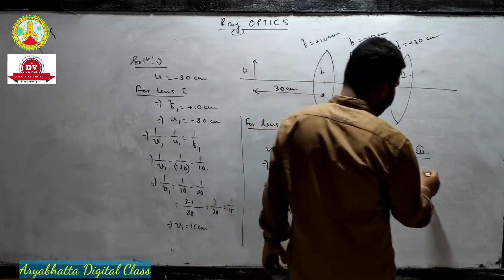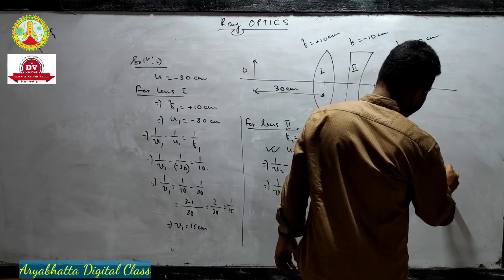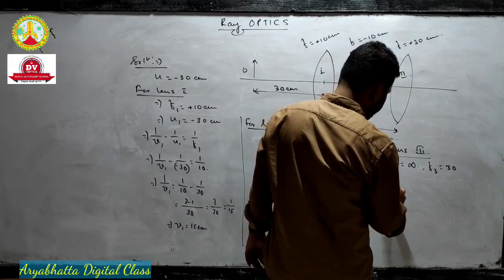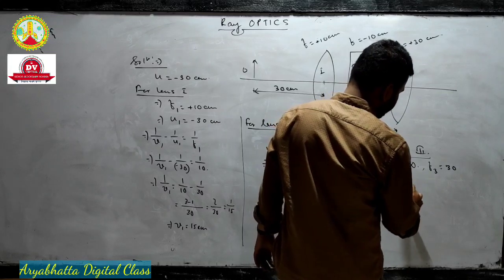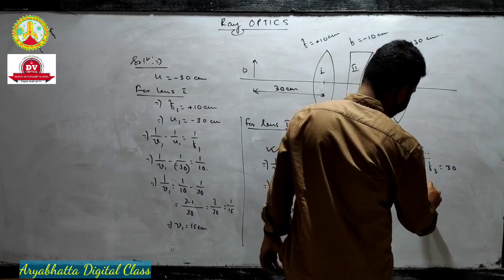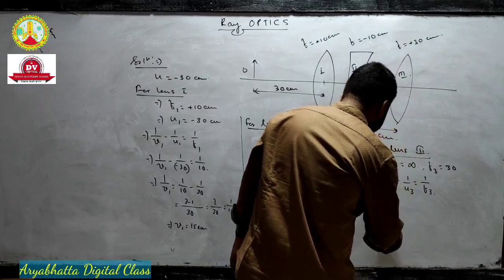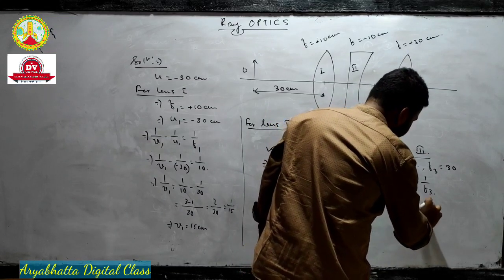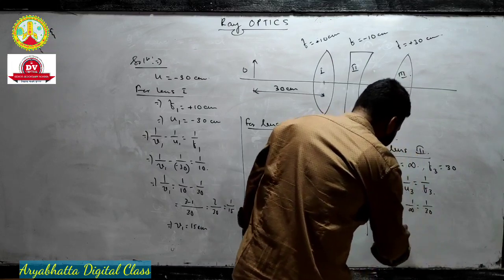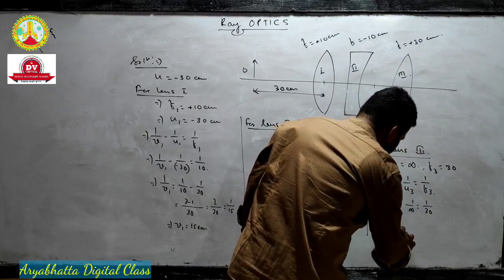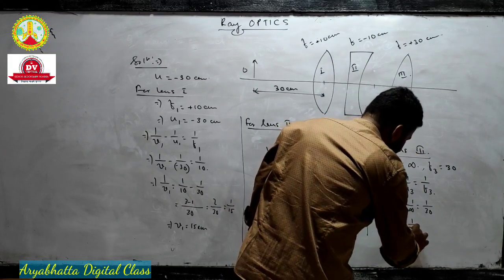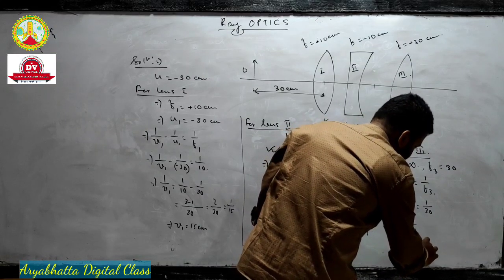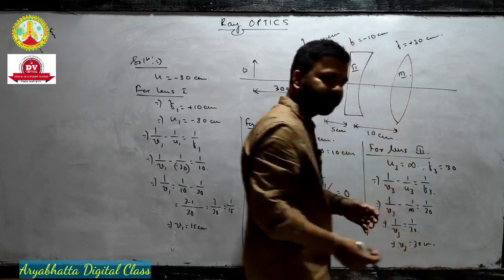So u3 is equal to infinity, f3 is equal to 30. So 1 by v3 minus 1 by u3 is 1 by f3. So 1 by v3 minus 1 by infinity is 1 by 30, and 1 by infinity is 0. So 1 by v3 is 1 by 30. v3 is how much? Plus 30 centimeter. What I said earlier is what happened.